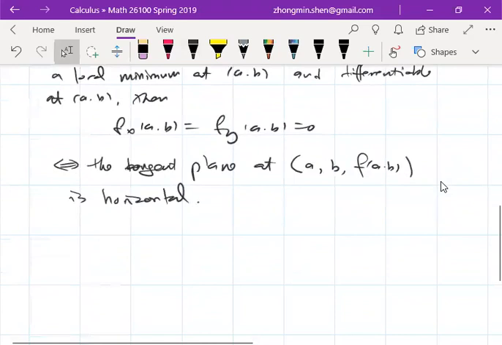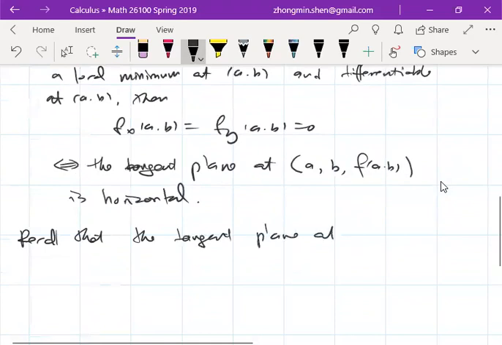Because the equation for the tangent plane at any point (x0, y0, z0), where z0 is given by f(x0, y0), is given by the following equation.